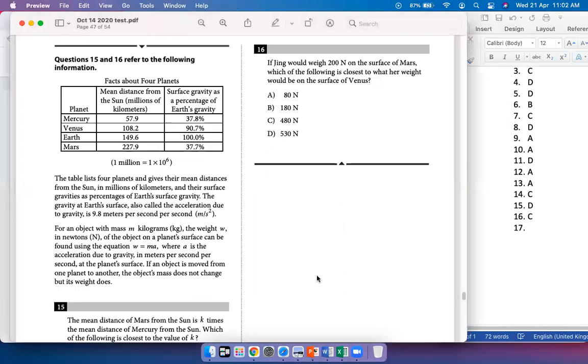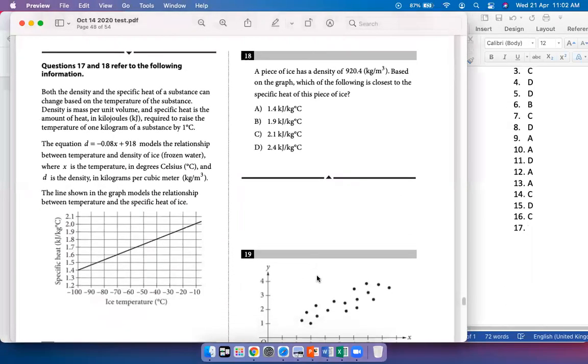Let's go to the next one. Questions 17 and 18 refer to the following information. Both the density and the specific heat of a substance can change based on the temperature of the substance. Density is mass per unit volume in kilograms, and specific heat is the amount of heat in kilojoules required to raise the temperature of 1 kilogram of a substance by 1 degree.